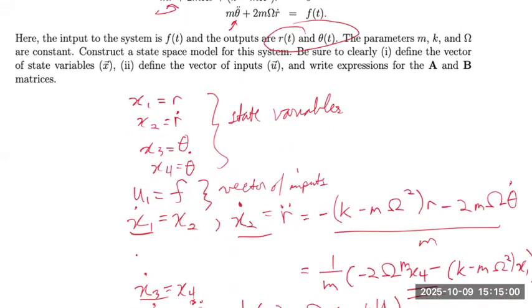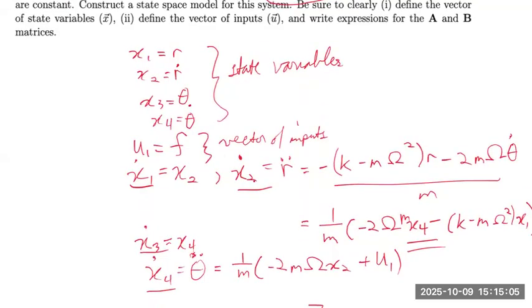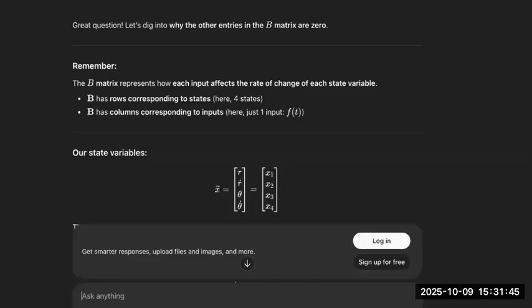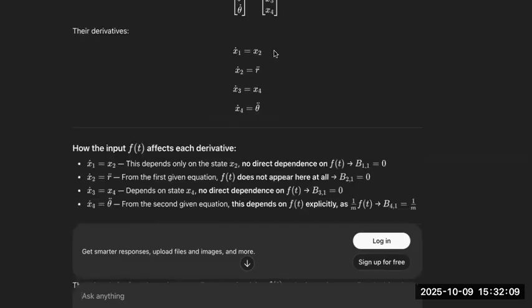What is the input? u1 equals f is the vector of inputs. The B matrix represents how each input affects the rate of change of each state variable, and B has rows corresponding to the states. Here there are 4 states. B has columns corresponding to inputs, and here there is only one input, which is f of t. So only the last column is going to be filled.